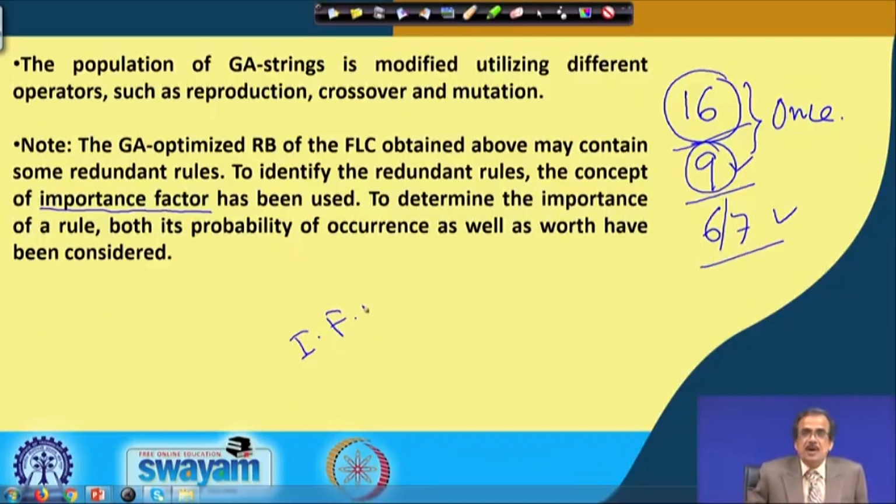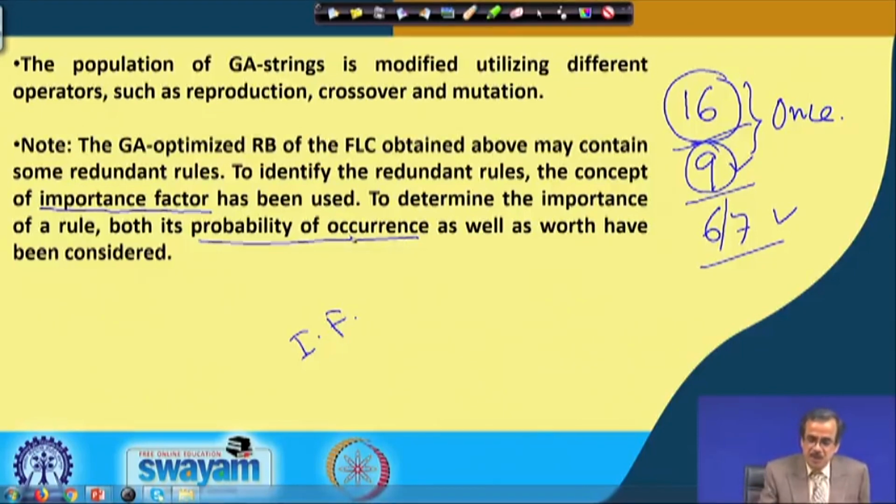To find it out, we try to find the probability of occurrence of the different rules during the training. That means, how many times a particular rule has been fired during the training scenarios, and we find the probability of occurrence of all the possible rules during the training.